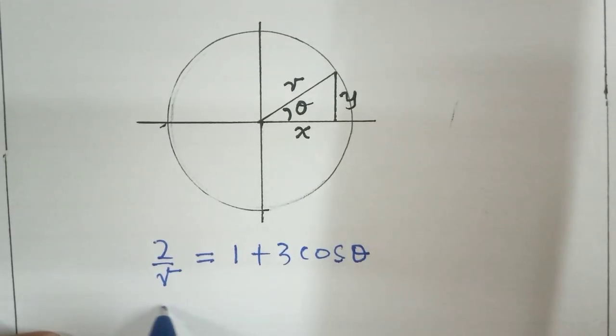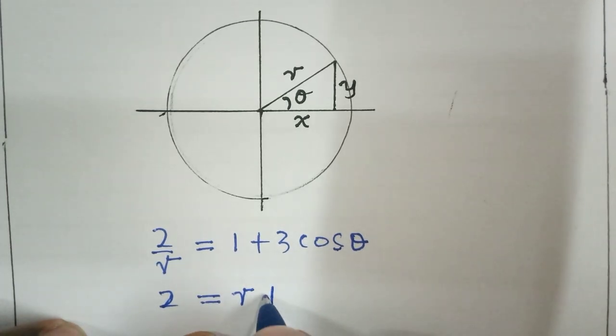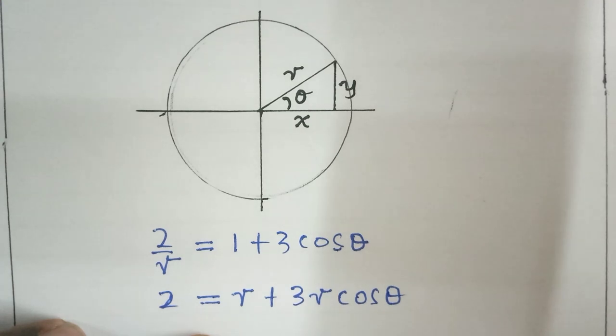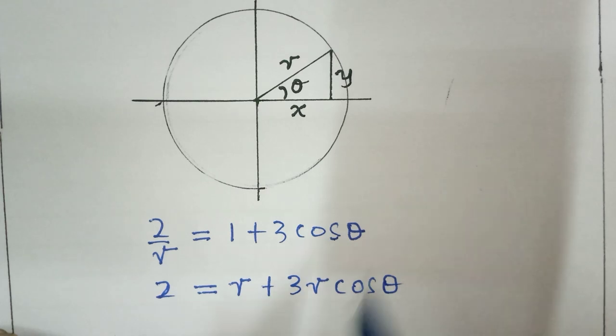So I shall have 2 equals to r, and I now multiply r by that, plus this one is going to be 3r cos theta, like that, guys. So now guys, when we look at r cos theta, we look at this value here.